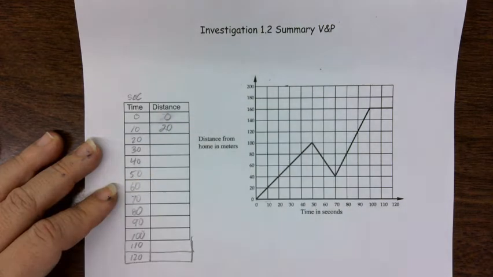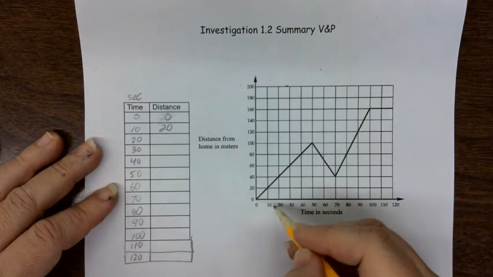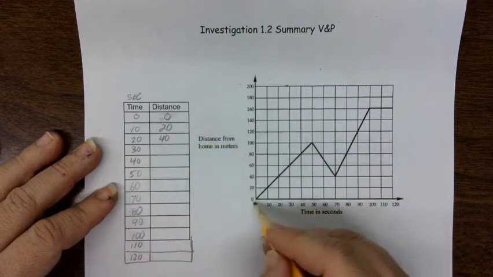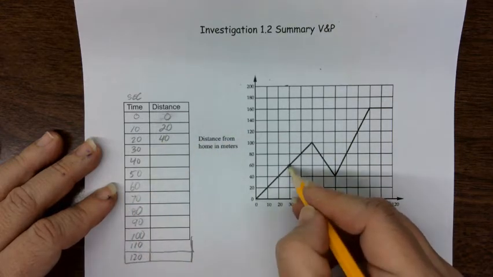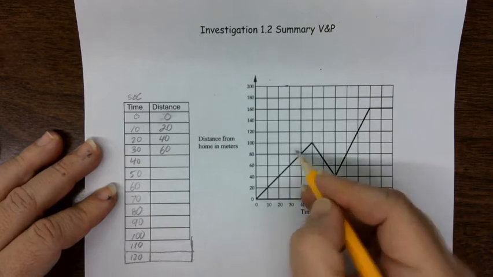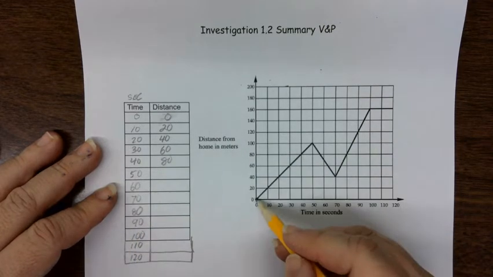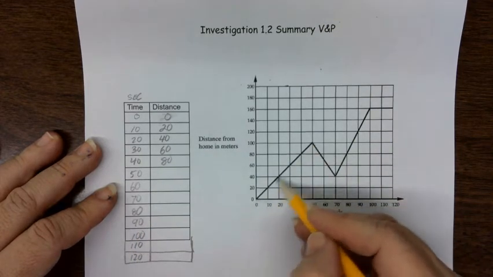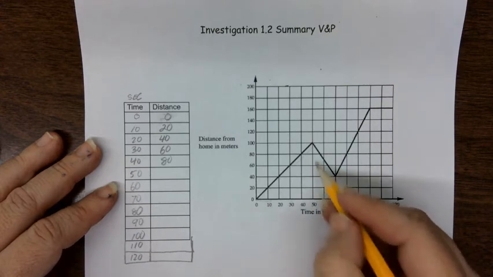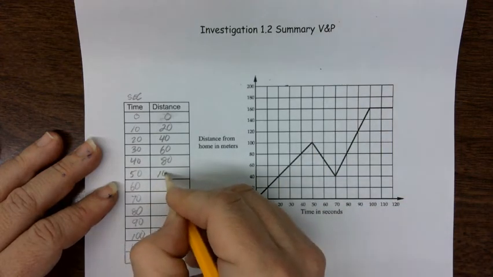At 10, we're at a distance of 20. Now at time 20, I'm up to 40. At 30, I'm up to 60. At 40, I'm up to 80. You can see how that's consistent, 20, 40, 60, 80, and my line is going consistent. And then at 50, I am at 100.